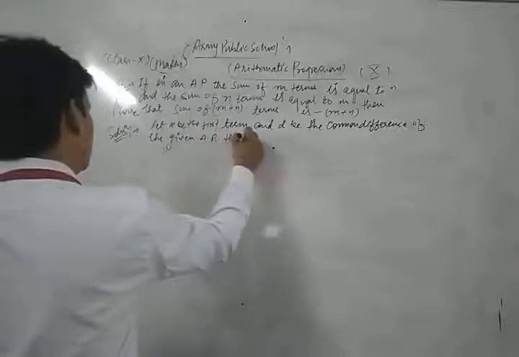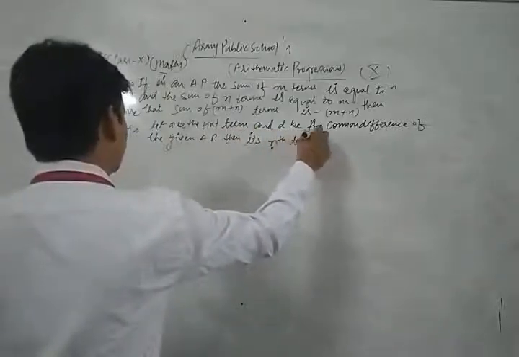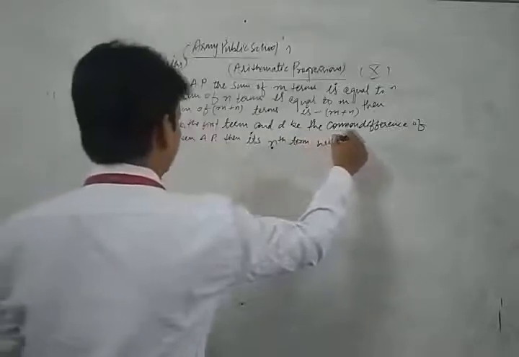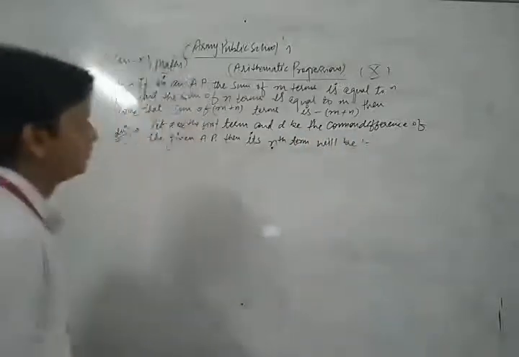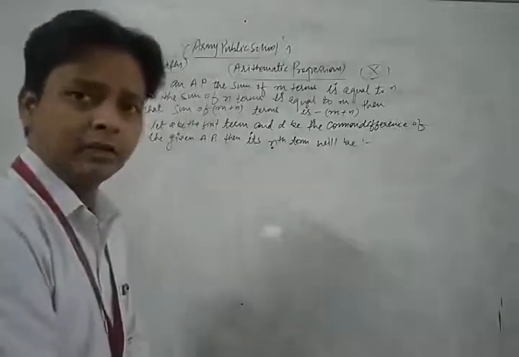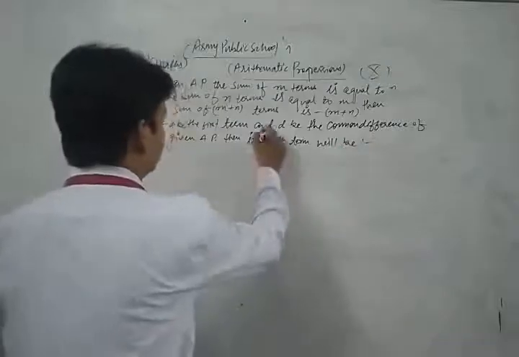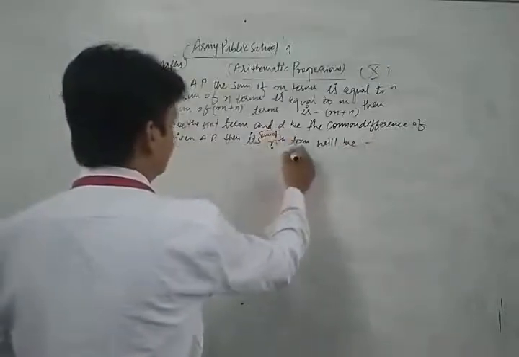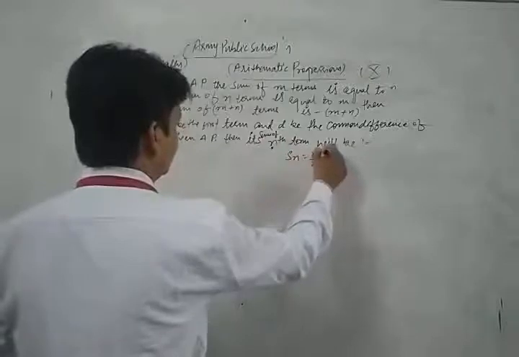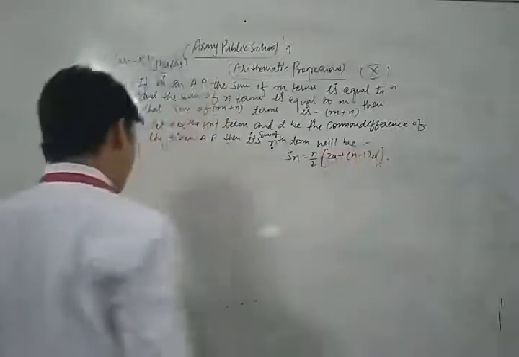Then its sum of n terms will be Sn equal to n by 2 into bracket 2a plus n minus 1 into d.